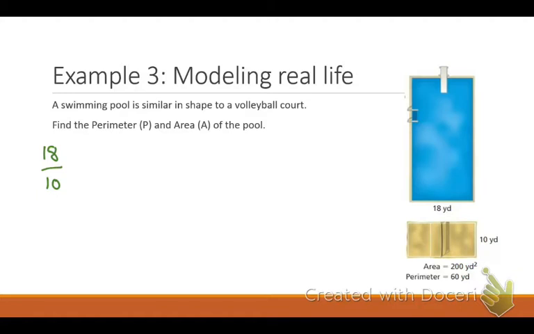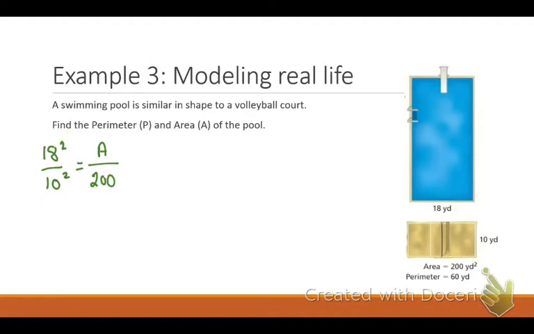So I'm going to square both of these so that now I'm comparing my areas, equals the area of the pool over the area of the volleyball court. But before I can cross multiply, I need to evaluate my exponents.